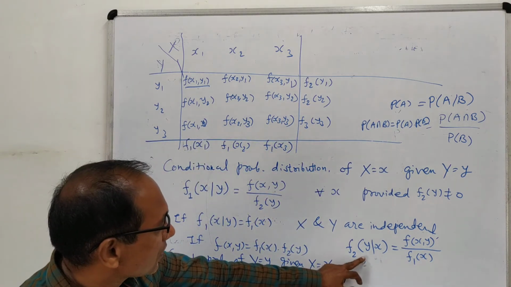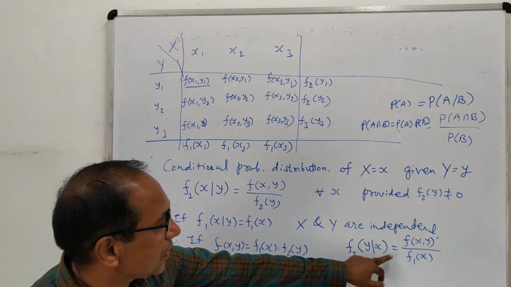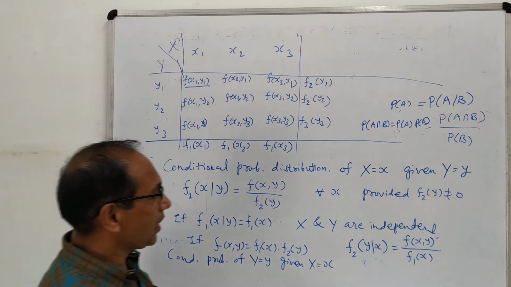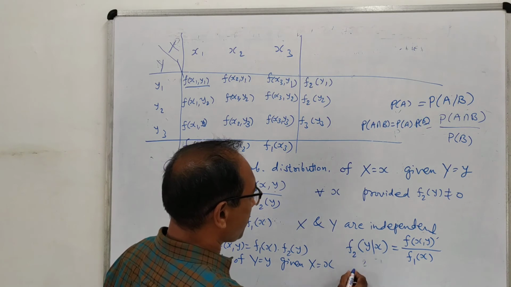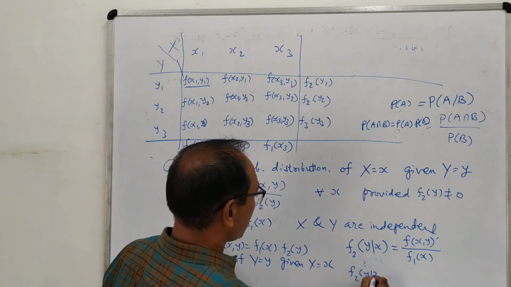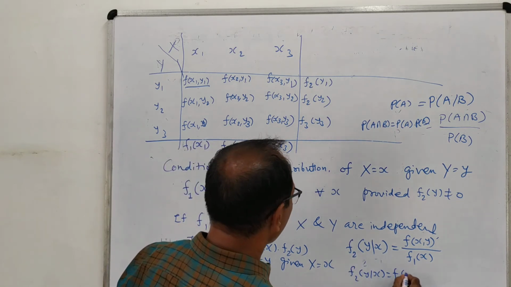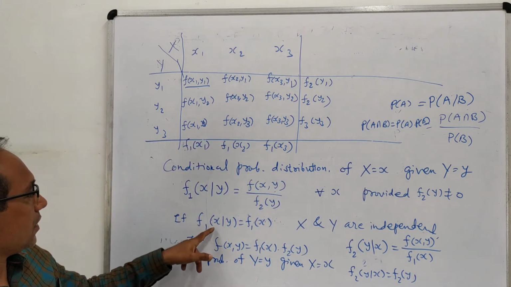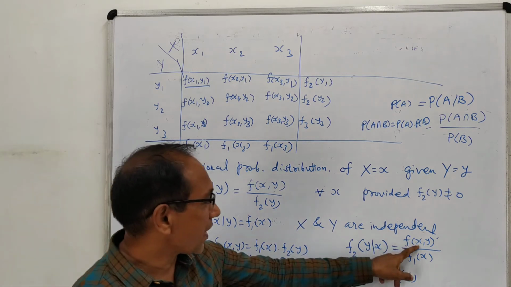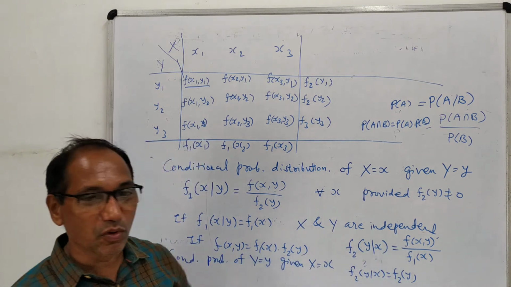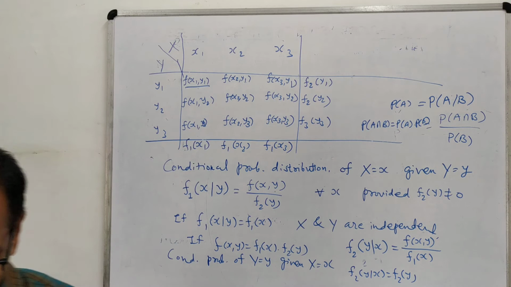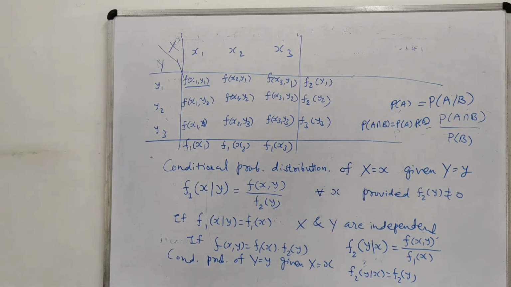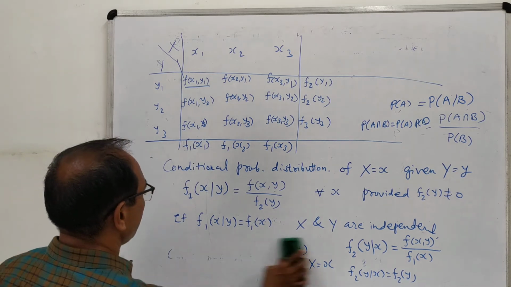So we can find out the conditional probability of y given x by using this one. Similarly, here also if f2 of y given x equals f2 y, we say that capital X and Y are independent, as I discussed over here, or f of xy equals f1 x into f2 y. Have you understood? So conditional probability is also a very simple case to understand.